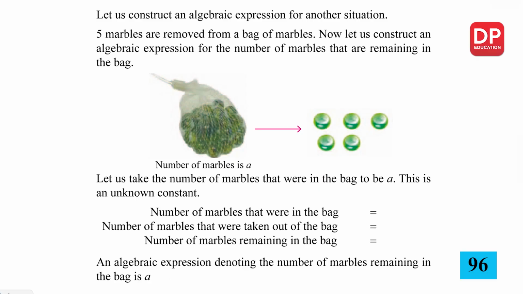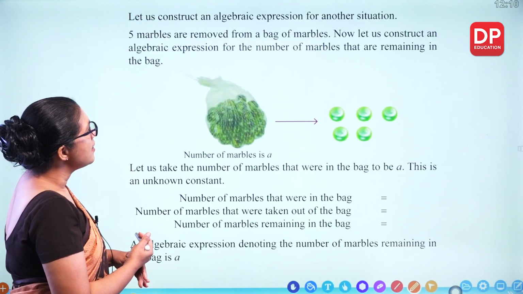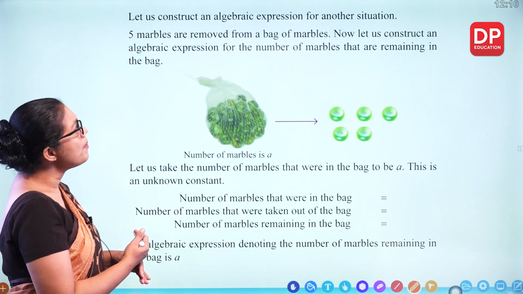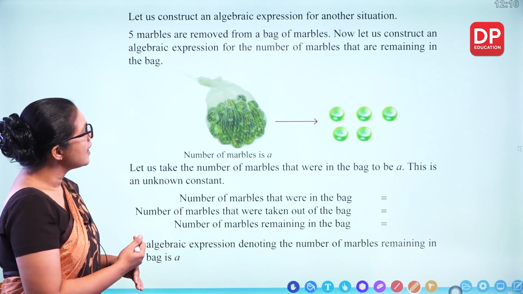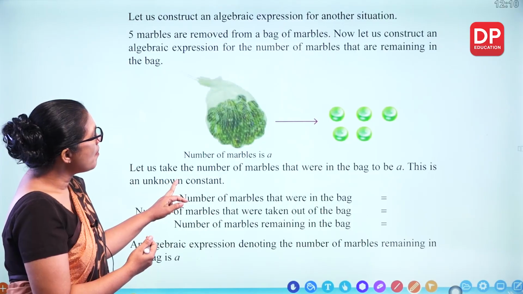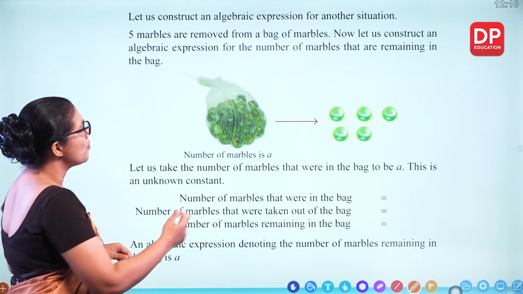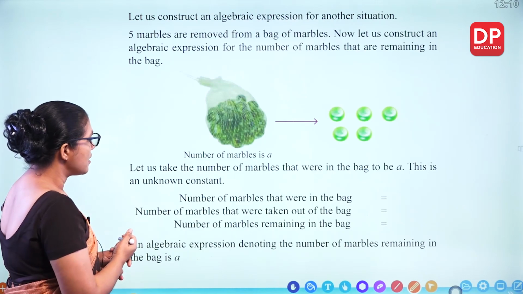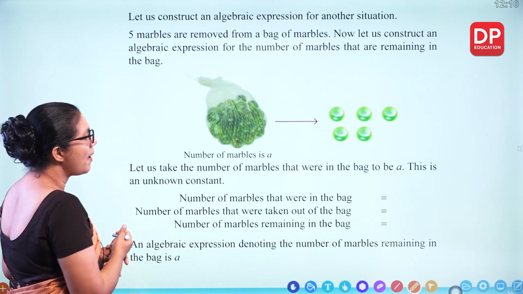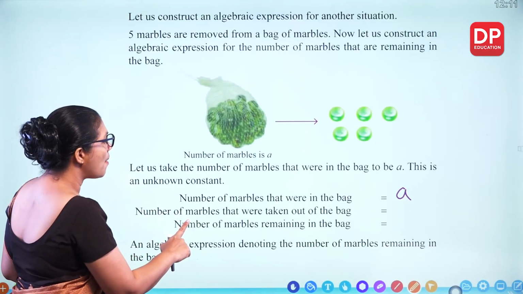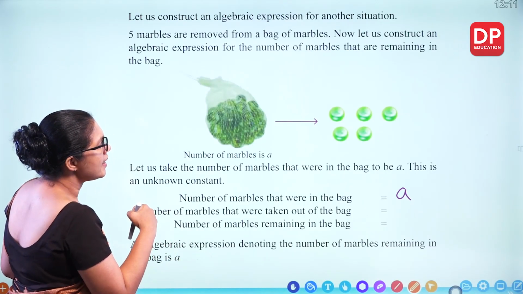Look at this one. 5 marbles are removed from a bag of marbles. Now let us construct an algebraic expression for the number of marbles that are remaining in the bag. Let us take the number of marbles that were in the bag to be A, and this is an unknown constant. Number of marbles that were in the bag, that's A. And number of marbles that were taken out of the bag.